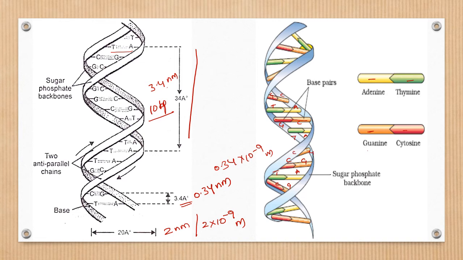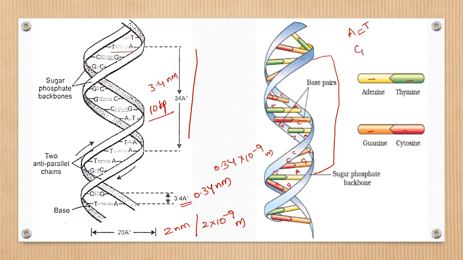So in a complete turn, from here to here, it is one complete turn, and we get a total of 10 base pairs. In a base pair, the nitrogen base of one nucleotide, A, is always bound with the nitrogen base of a nucleotide of the other chain with two hydrogen bonds.